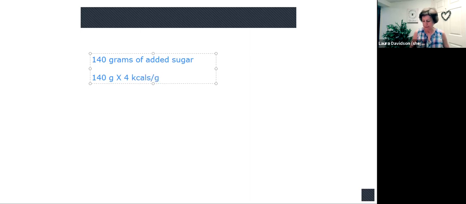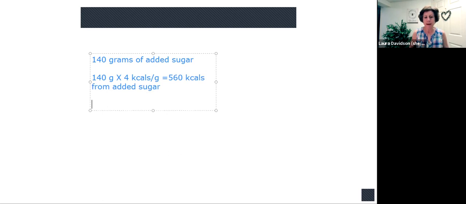All right. Equals, and I should be able to do this in my head, but I'm just checking, 140 times 4, 560 calories from added sugar. Now we need to get to that less than 10% guideline, right?